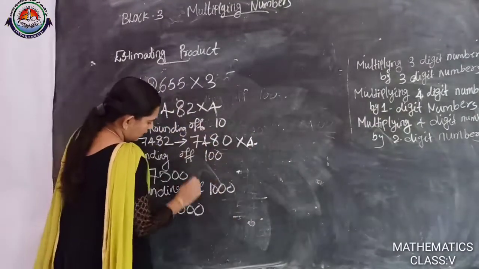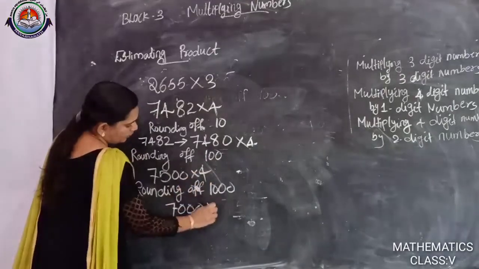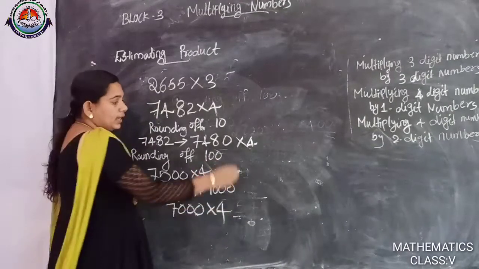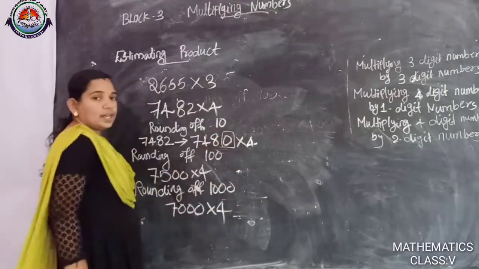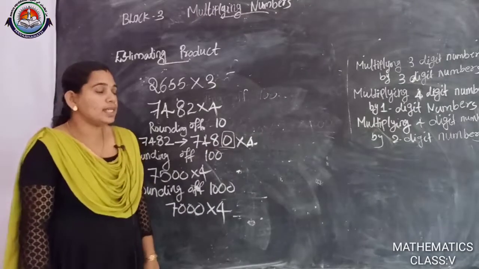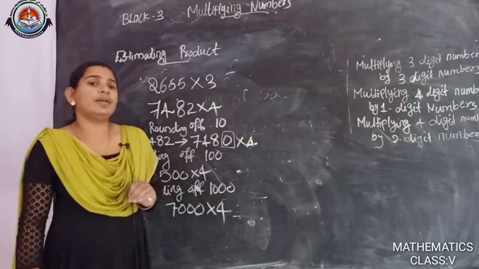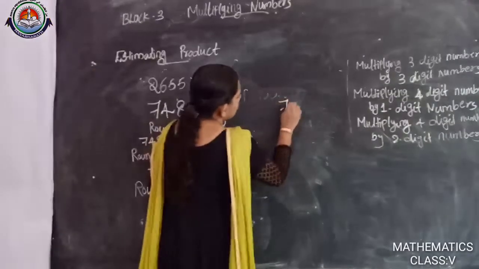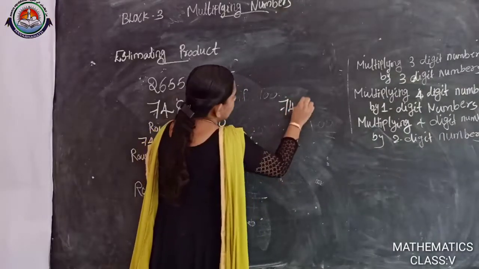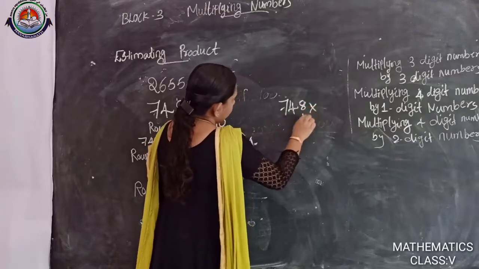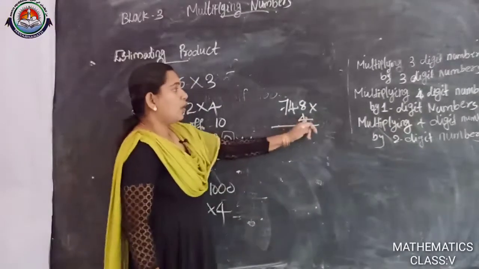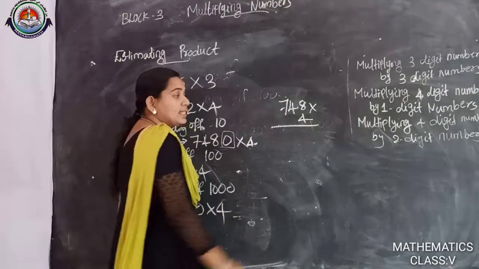Here into 4, here also into 4. Here there is only one 0 after the digits. We'll leave that 0 and multiply without the 0 first: 748 into 4. 4 into 8, yes, 32.